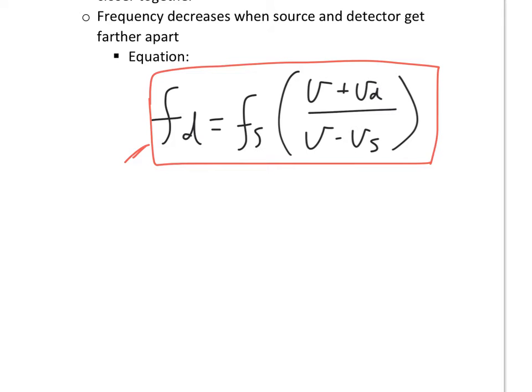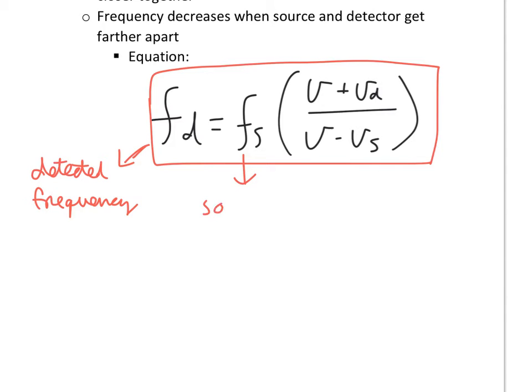This is the detected frequency. Detected frequency, so in other words, this is what the person who is the observer or the detector hears.